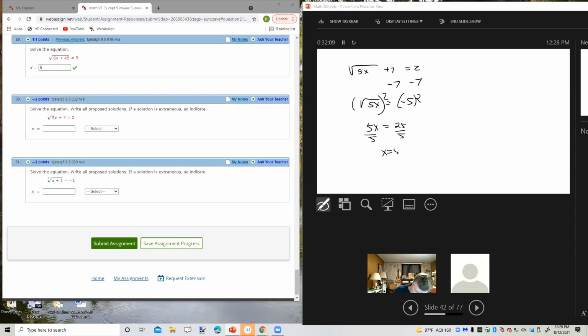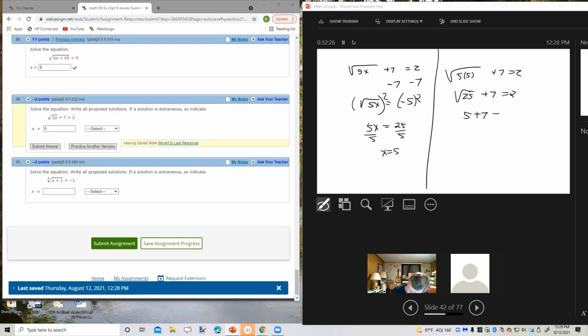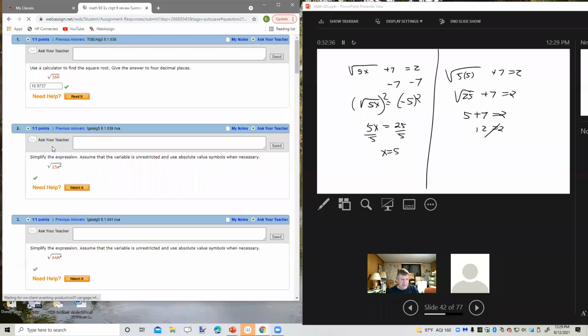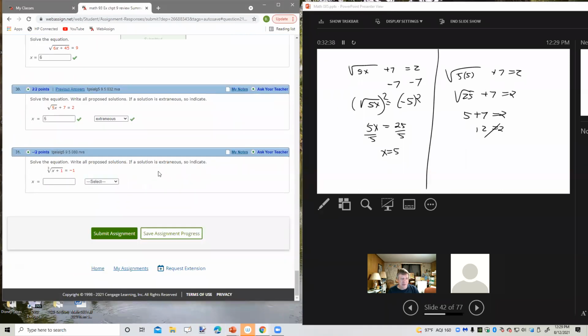So we get x equals 5. So that's a proposed solution. But if we plug that in, it doesn't work, which means it's extraneous. So that doesn't work.